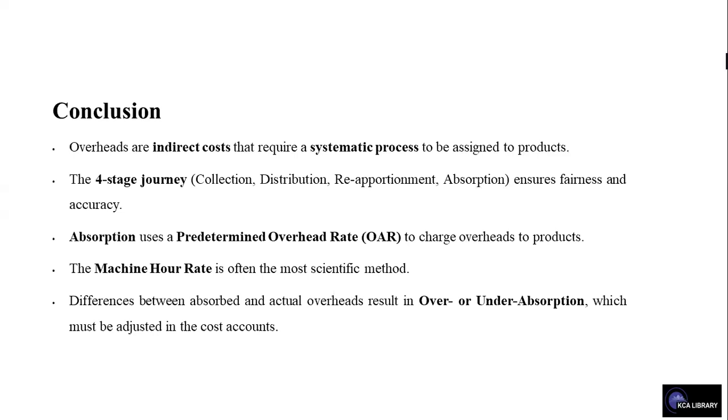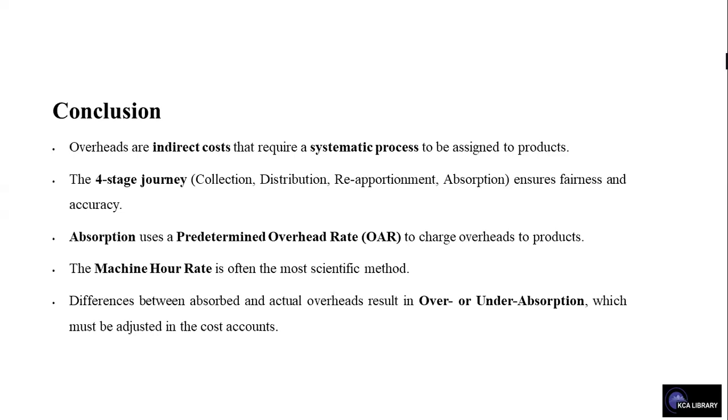In conclusion, overheads are indirect costs that require a systematic process to be assigned to product, and the four stages journey, which is the collection, distribution, reapportionment, and absorption, ensures fairness and accuracy.